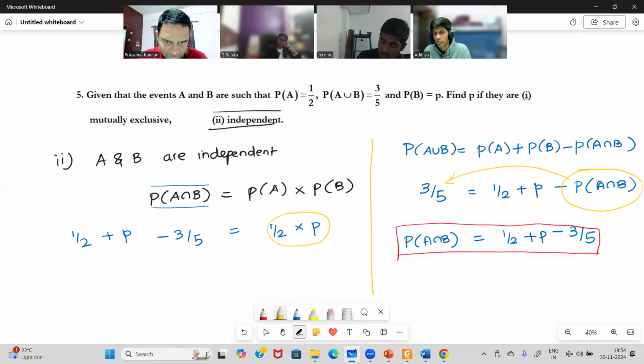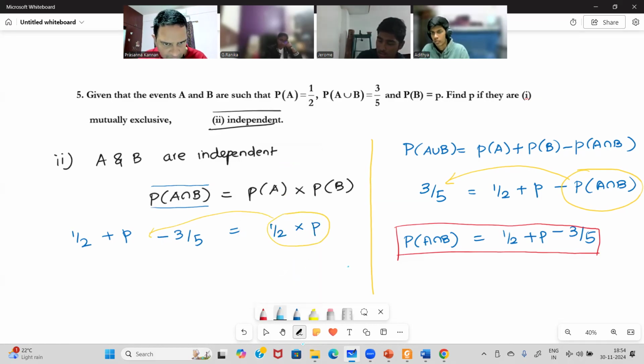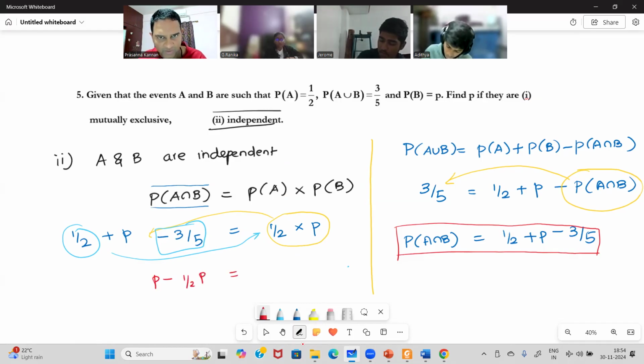So now I have an equation in only one variable, so it's easy to solve. This half P, I can take it to this side. This is minus 3 by 5, and 1 by 2, I can bring it to this side. So what do you get, Ranika? P minus 1 by 2 P is equal to? 1 by 10, sir.